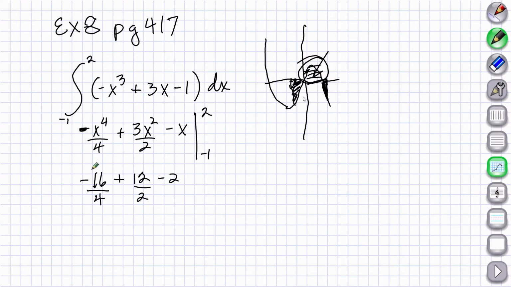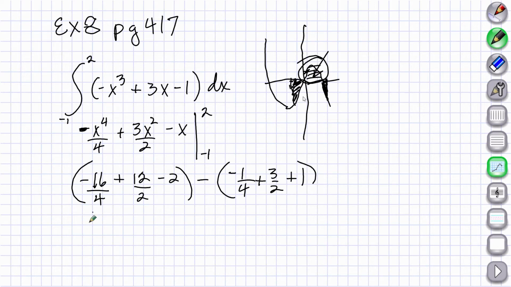This whole thing minus, now we're going to put the negative 1 in here. Negative 1 to the fourth is positive 1, which becomes a negative 1 over 4. Negative 1 squared is 1 times 3, 3 halves. And we put a negative 1 in here. Negative times negative is a positive 1.